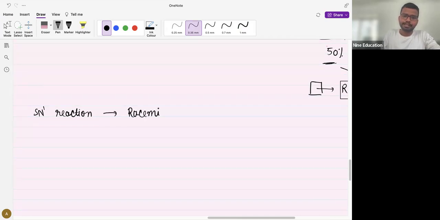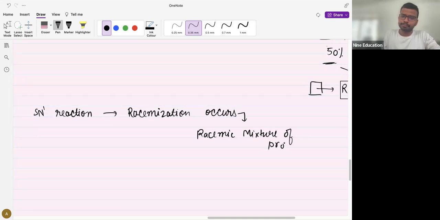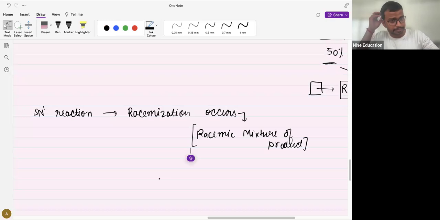Racemization occurs, and we get what? Racemic mixture of products. This you have to remember, है ना?